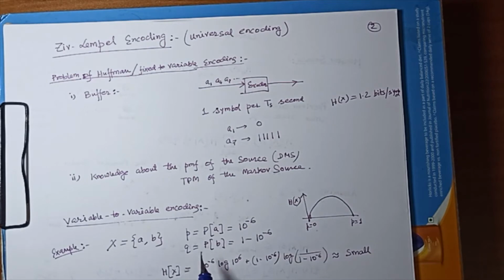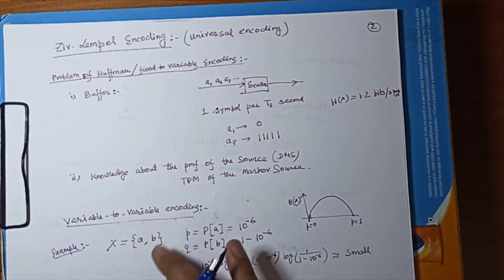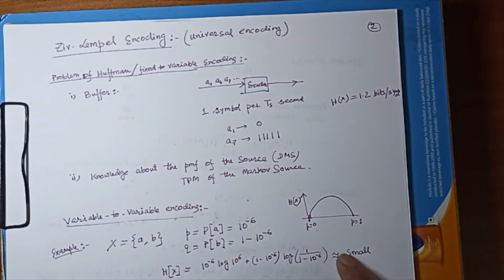If I specify 1 bit for the higher probability symbol, why would you go for 2, 3, 4 bits for the lower probability one? Not required. The minimum value is 1 bit. So if you provide 1 bit and 1 bit, the mean length will be 1 bit only. But your H(X) is much less than 1 bit. So how do we exploit this small entropy value?